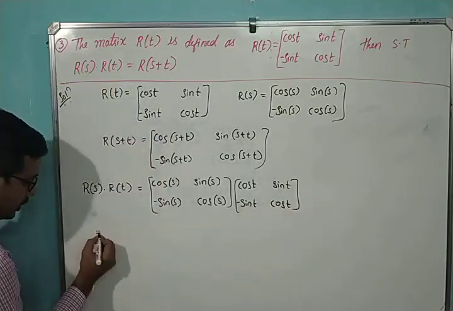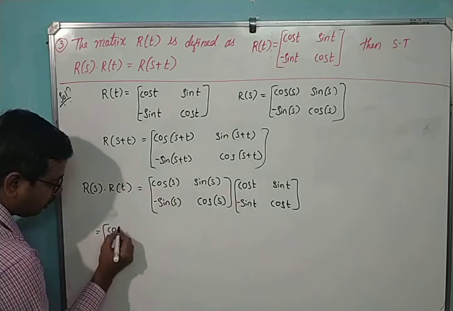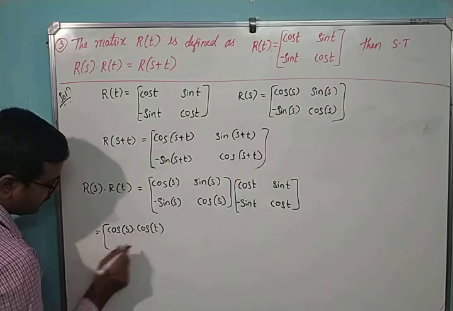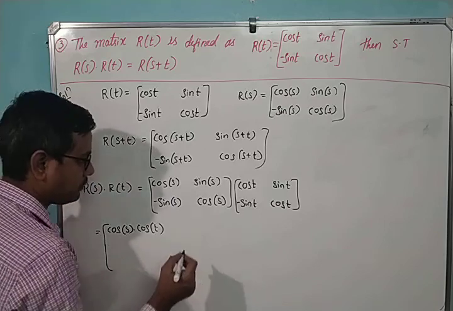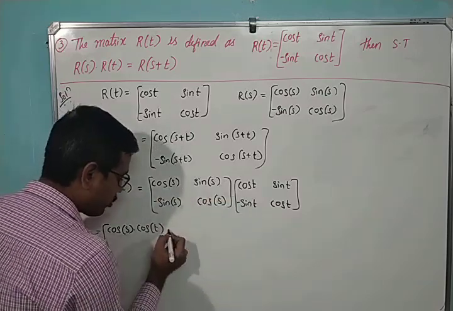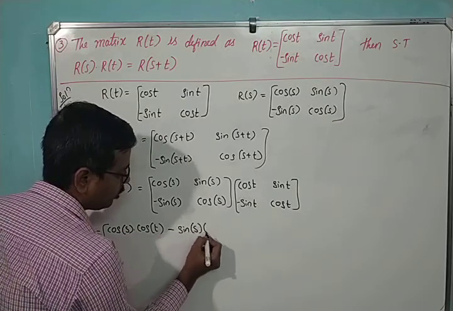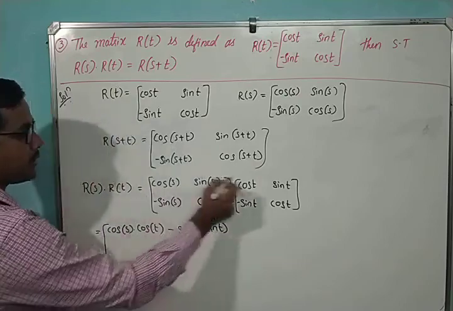Okay, so this will be cos of s into cos of t, this into this plus this into this. Here minus is there, so minus sine of s into sine of t.